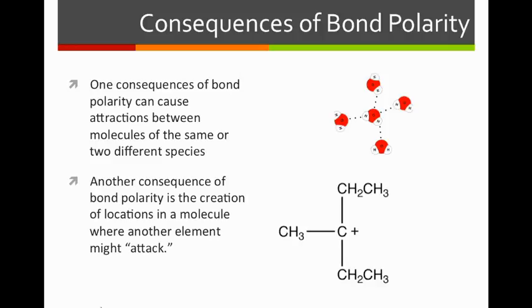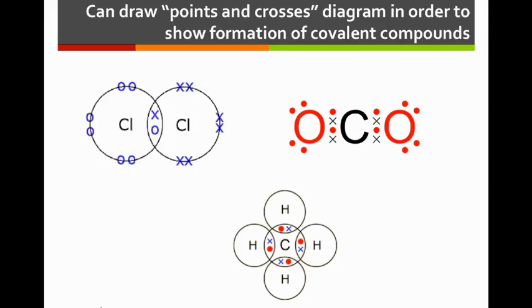You can see that C with a plus sign next to it. It might be available for attack by a minus charged atom, ion, or element. This is just an example of how we use dots and crosses to show formation of bonding, primarily used for covalent compounds.